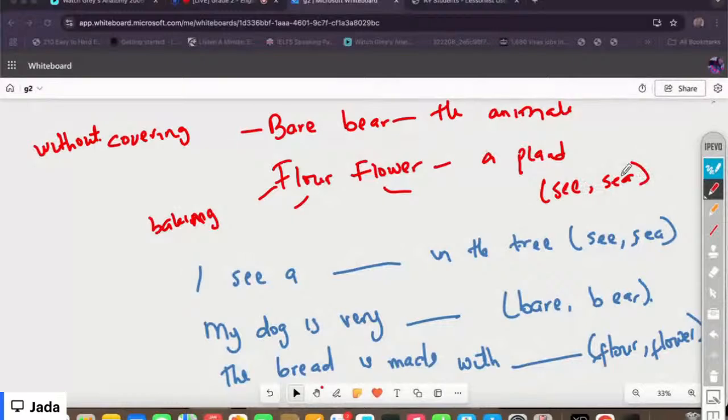Is it the first or the second? What do you think about the first one, number one? Which one, "see" meaning looking or "sea" the ocean? What is the right one? "I see a dash in the tree." Every one of you share your answers.